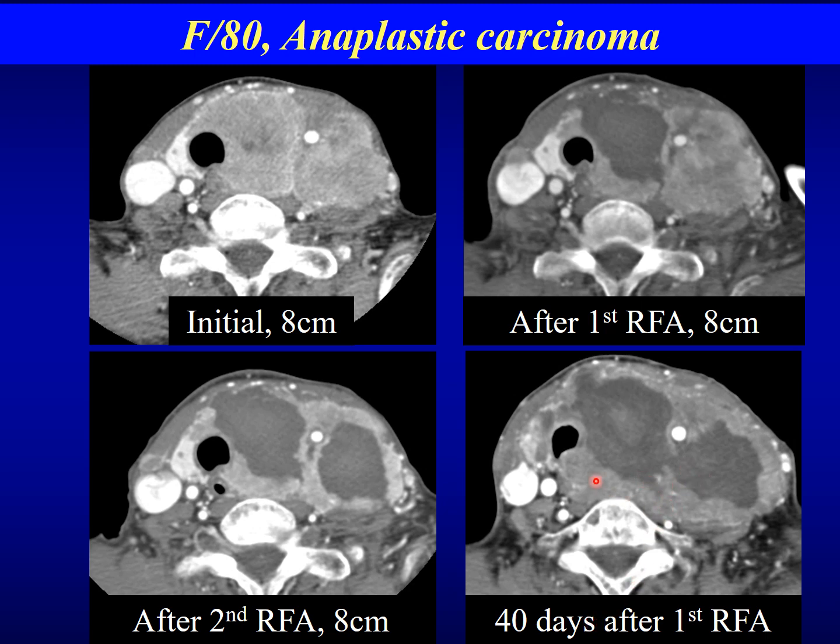You can see the ablated tumor was increased compared with the initial tumor size. That means the doubling time of anaplastic carcinoma is very fast, so radiofrequency ablation is less effective in anaplastic carcinoma.